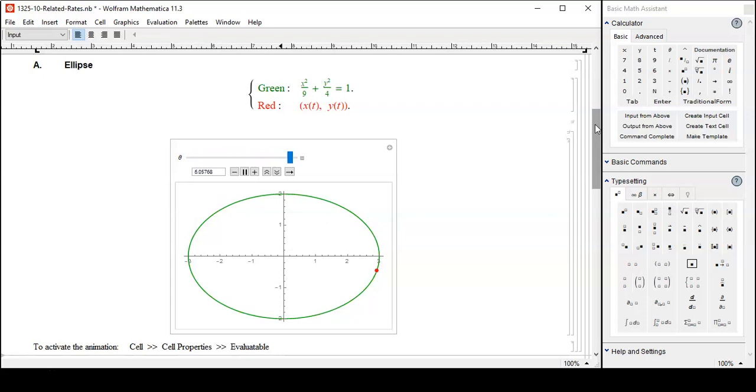And this dot is the parametric curve, and this green curve is the implicit curve, and they look like this. So this equation, x squared over 9 plus y squared over 4 equals 1, is this implicit curve. Now what is this x of t comma y of t?